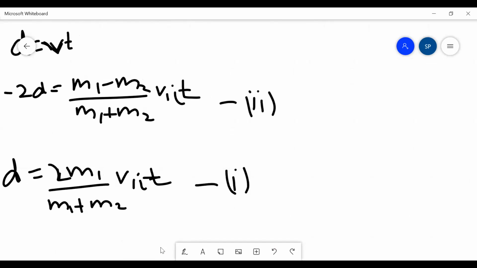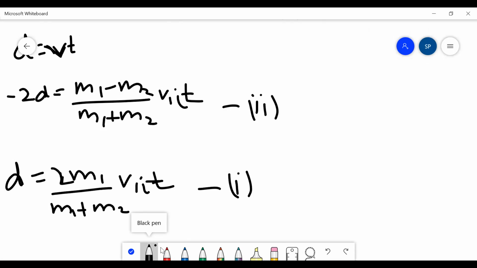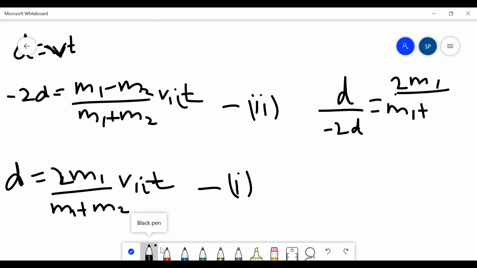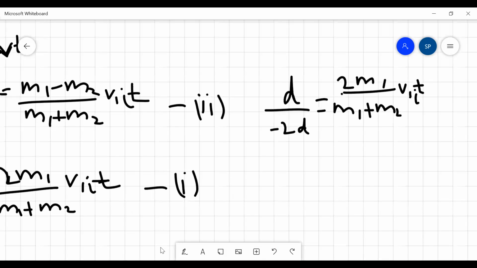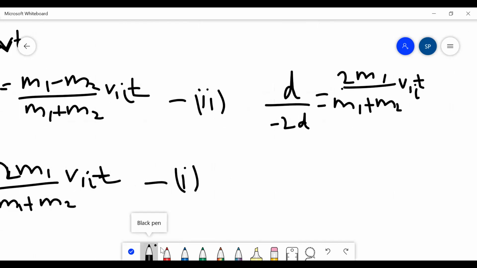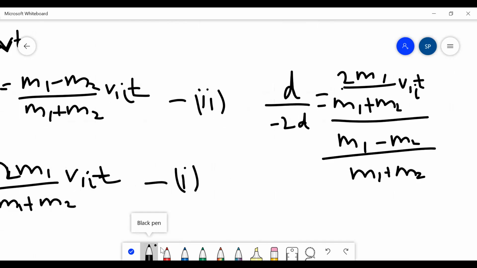When I do that, this entire problem will be simplified. So d by minus 2d is equal to 2m1 by m1 plus m2 times v1i t, divided by m1 minus m2 by m1 plus m2 times v1i t.